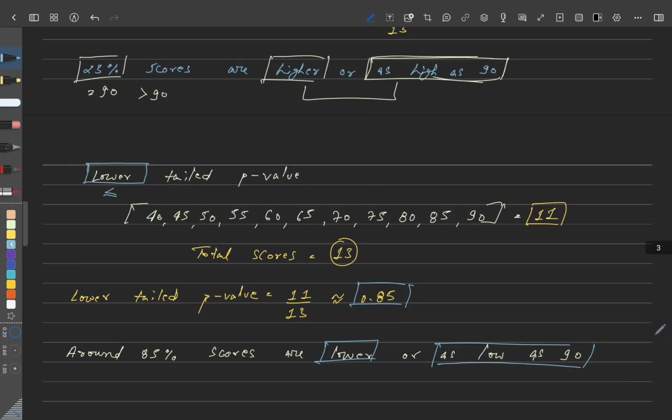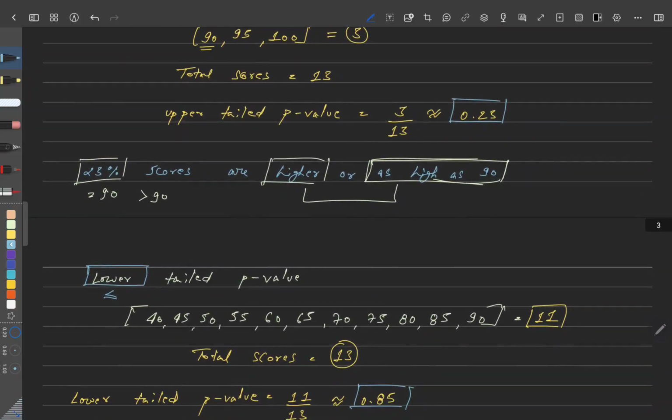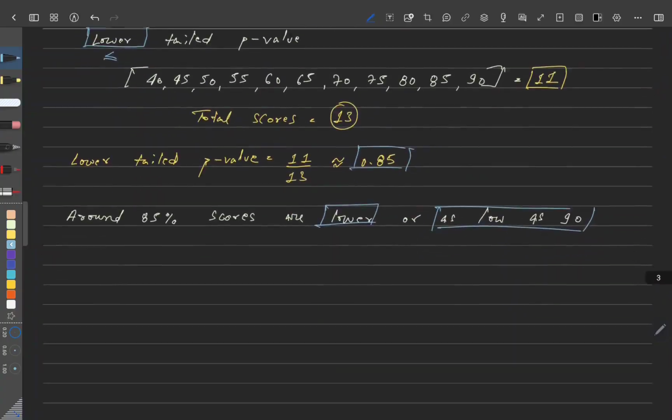This is called the lower tailed p-value because we are calculating the p-value for numbers to be lower than your reference value, which is 90 in our case. So lower is less than or equal to, upper is greater than or equal to. Lower means low, less than; upper means high, up, or greater than.